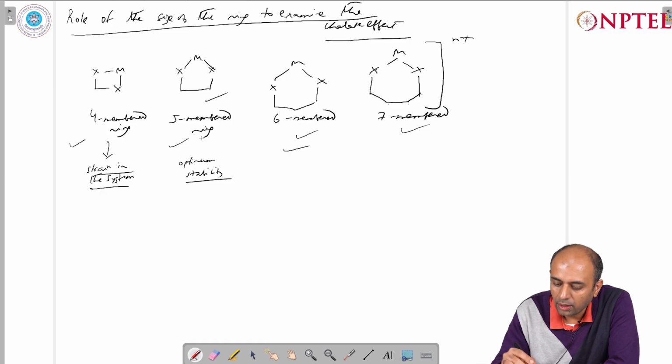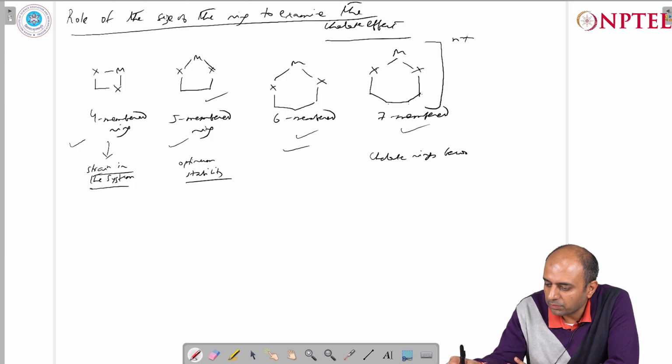These are the two systems where the Chelate effect is operational to a maximum extent. And then when you go to the 7-membered ring, the formation of these Chelate rings becomes difficult and entropically unfavorable.